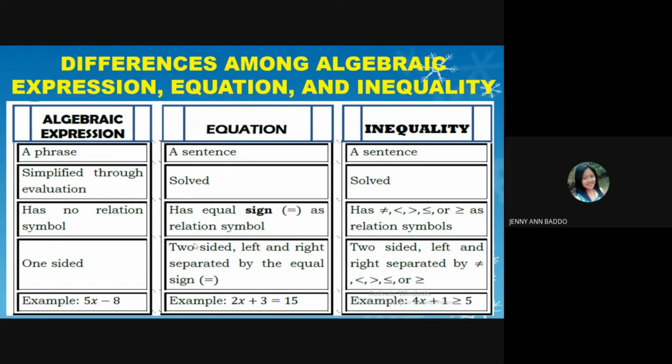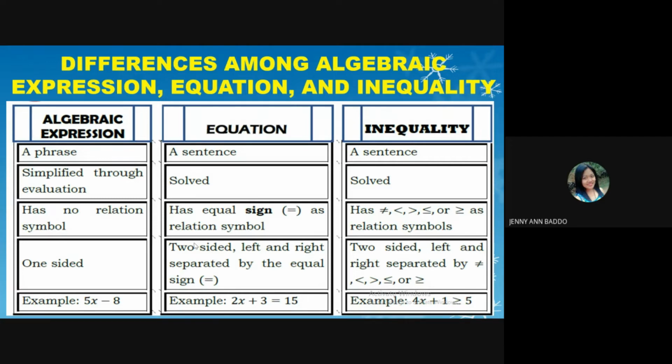Then for equation and inequality, they are both sentences and they can be solved. But the difference between equation and inequality is the relation symbol. For equation, we only have the equal sign.